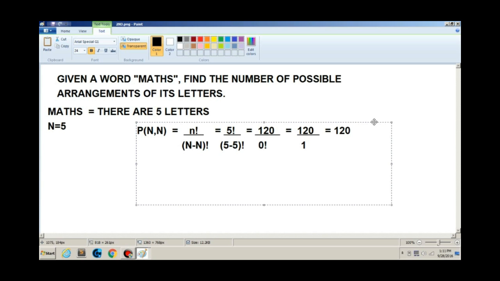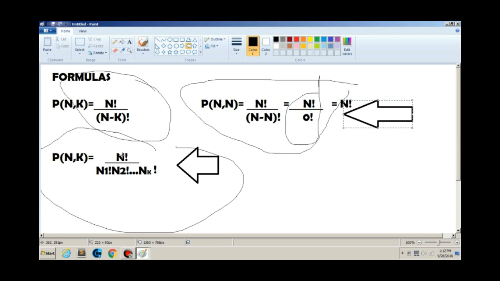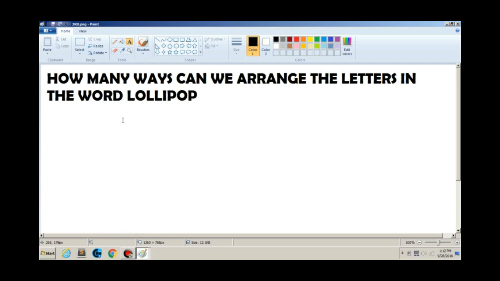Now, let's go to the third formula. And suppose the problem looks like this: how many ways can we arrange the letters in the word lollipop? As we notice, the word lollipop has letters which are repeating.